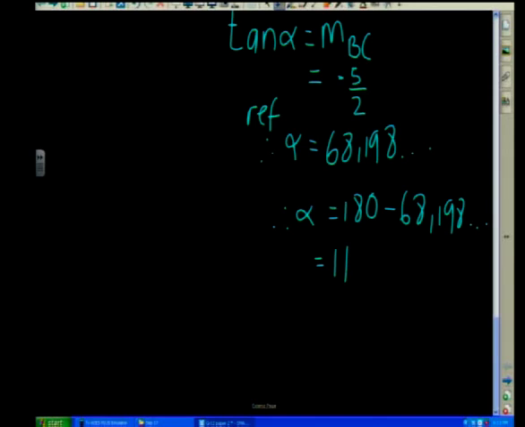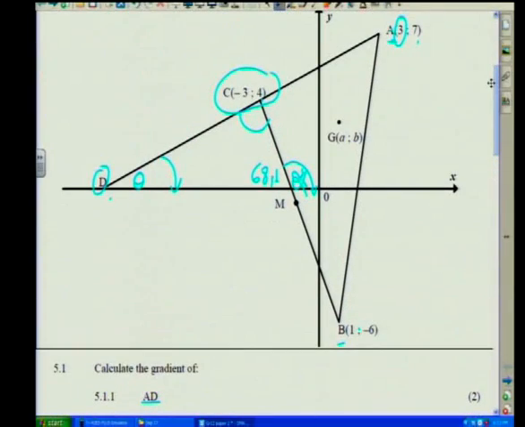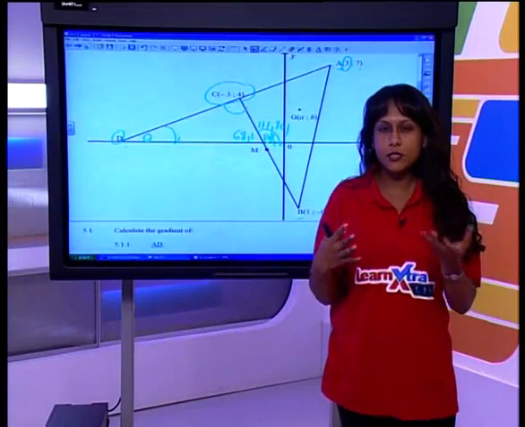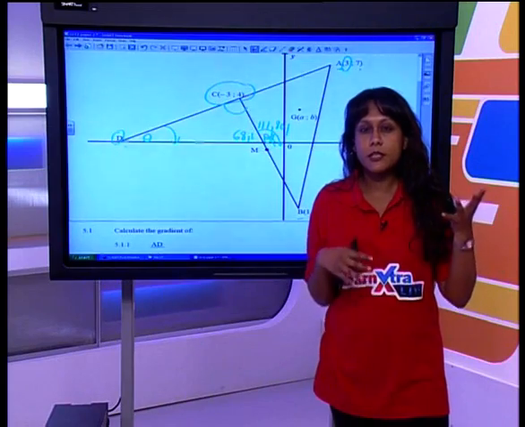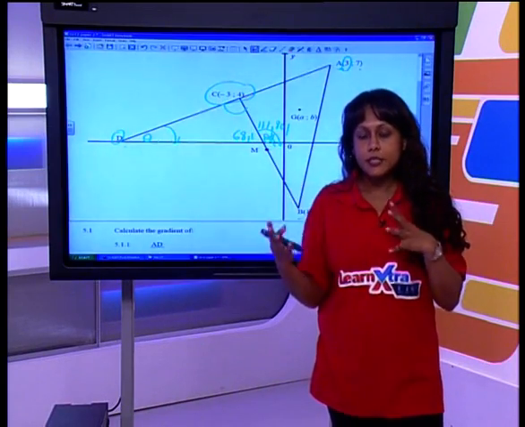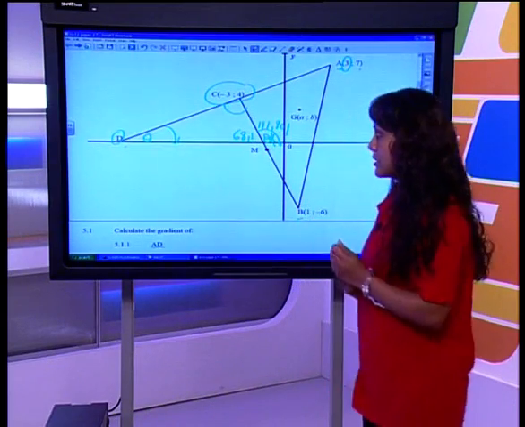Okay, so let's just go through that again. The alpha that I want is actually 111,801. The first angle we got, the 68,1, is just our reference angle, and because the gradient is negative, from trig equations we know that tan in the second quadrant is negative, so we've got to say 180 minus to get the angle that we are interested in.